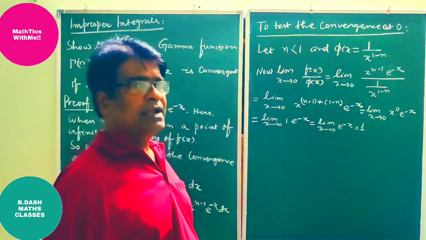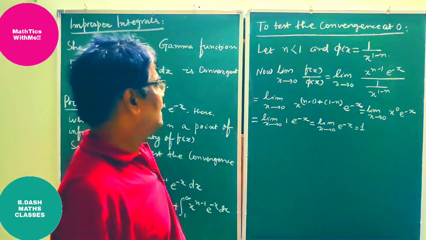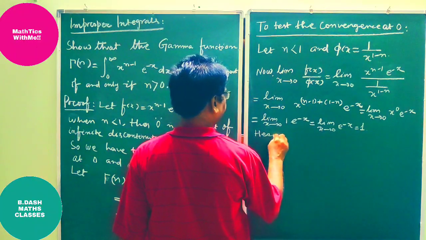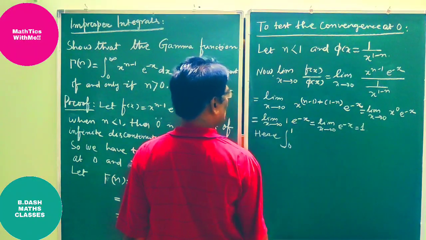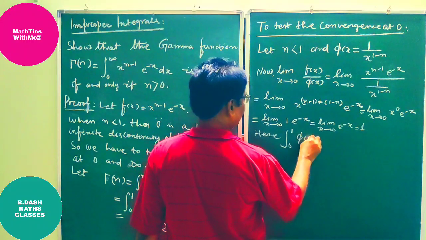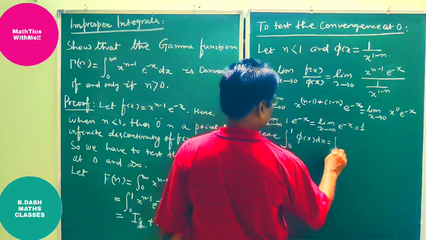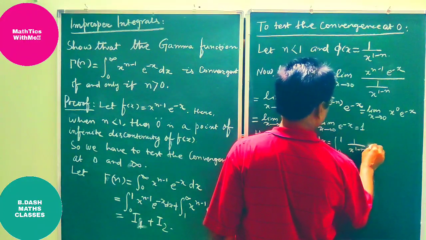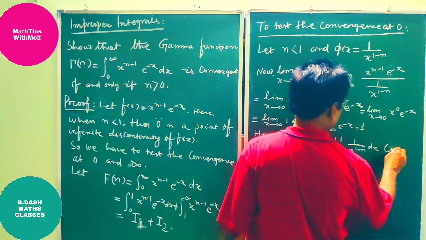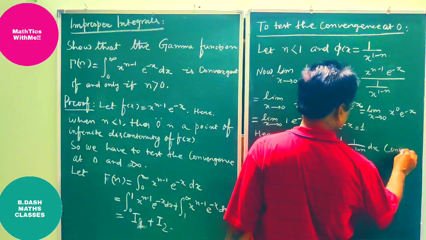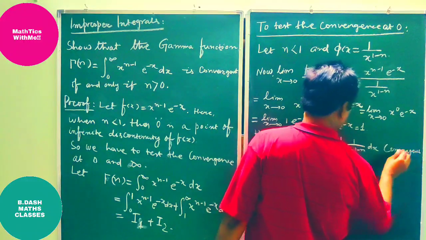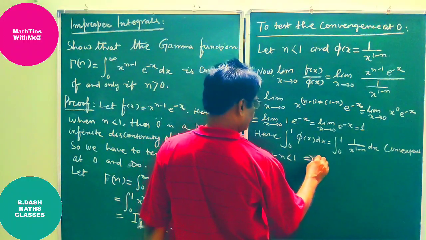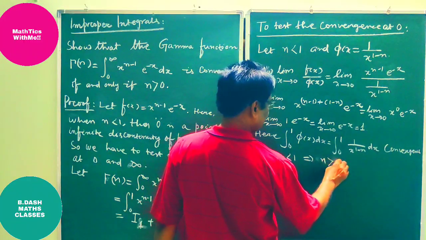So the limit as x tends to 0 of f of x by phi of x is 1. Here, the integral from 0 to 1 of phi of x dx is equal to the integral from 0 to 1 of 1 by x to the power 1 minus n dx, which is convergent if 1 minus n less than 1, which implies n greater than 0.